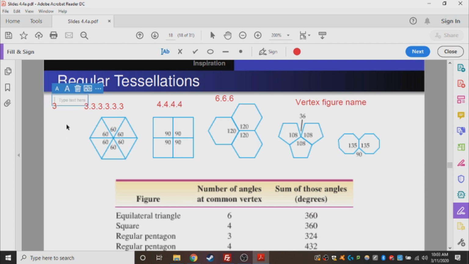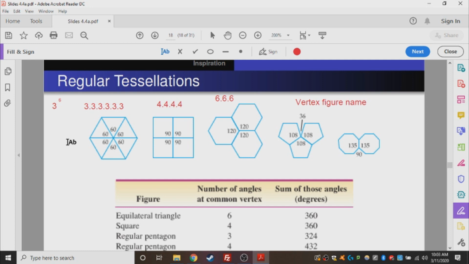There we go. And there are 6 of them. That is not 3 to the power of 6. It is not a calculation. It's simply the most convenient naming system we can come up with without making new things. So the long one or the short one, either way, it tells me 6 triangles go together at a point.